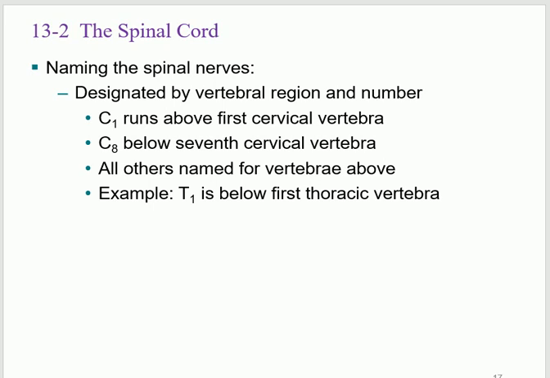Between 1 and 2, is it 1 or 2? 2. Between 2 and 3, 3. Between 6 and 7, 7. Between 7 and T1, 8. And this is the extra one. Anything else will be named after the vertebra above it. Did you get the idea?